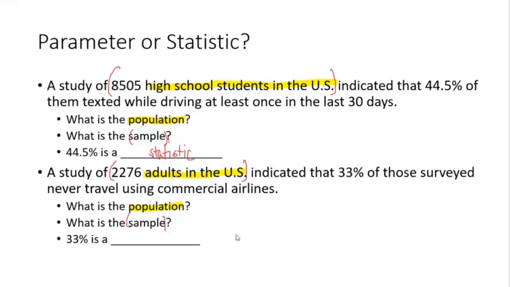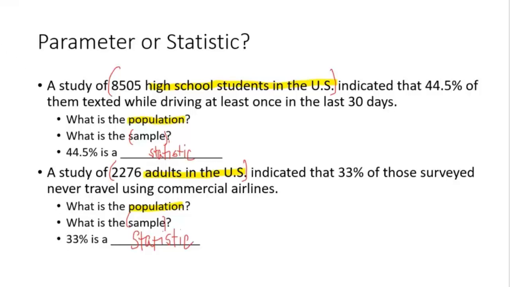And now again, since this came from not all of the population, but a portion of it, a small group of it, this one is a statistic. Unless it came from every member or all of them, you're dealing with a statistic. That's why generally the numbers that you hear are statistics.